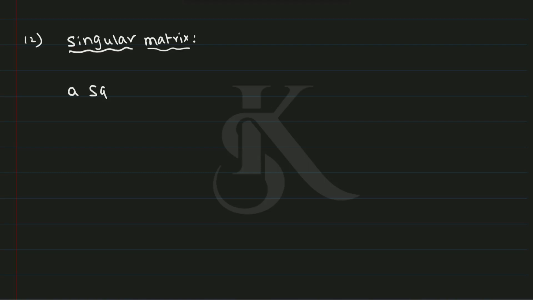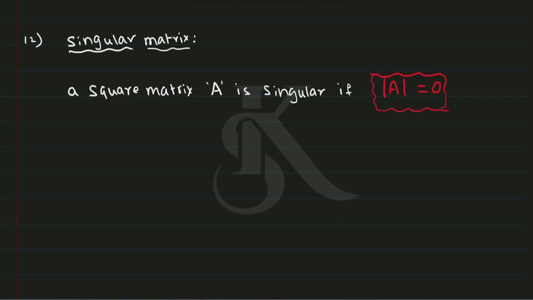A square matrix is singular if determinant of A equals to 0. Okay, this is the condition. If the determinant is 0, then it is a singular matrix. If not, that is non-singular.